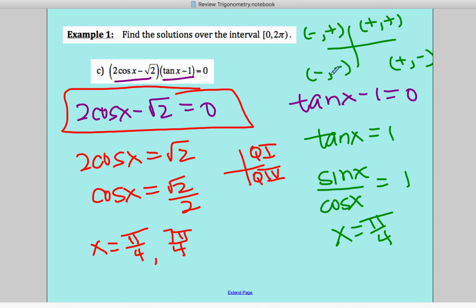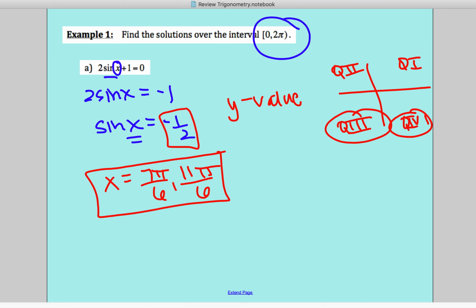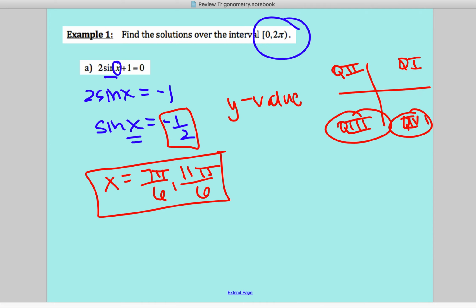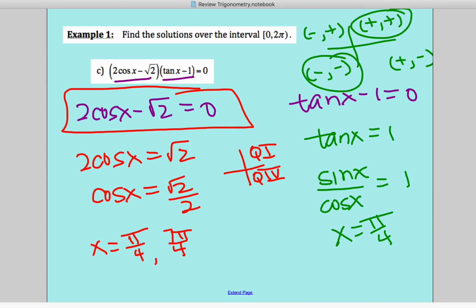In quadrant 3, I'd have a negative over a negative, which is a positive. So if I go to quadrant 3, the way I would look at my unit circle, I'm here, just go straight across. My other answer is 5 pi over 4. That's one way to find your tangent.